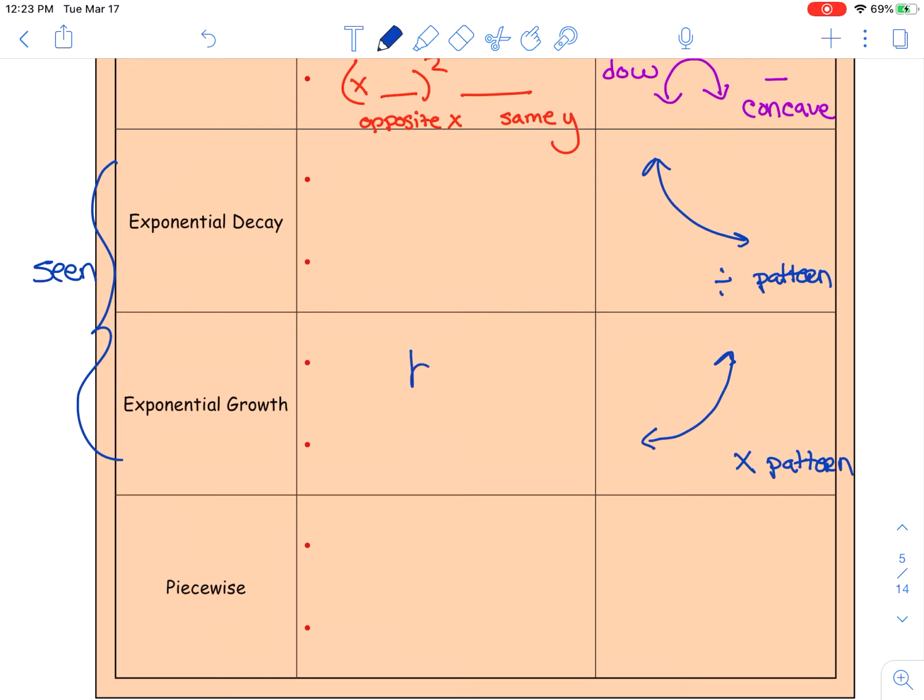Our pattern refers to the base of our formula. When I'm multiplying, that pattern includes a whole number. When I'm dividing, it is a fraction or a decimal.